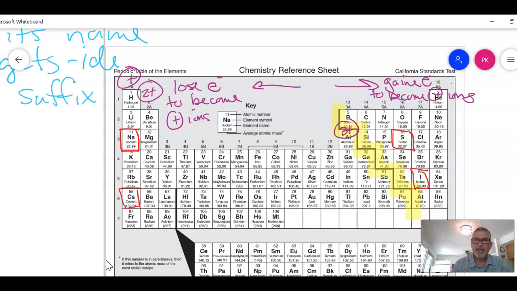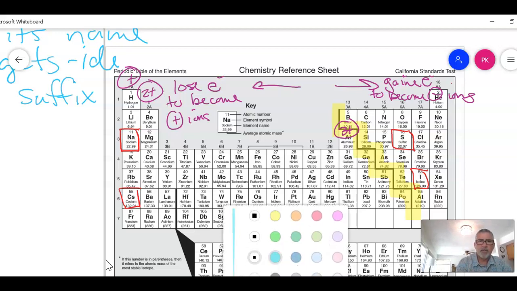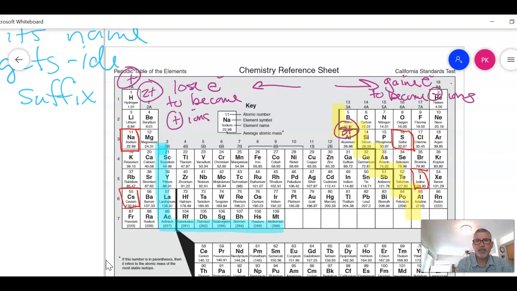And then everything else in the middle, these are all transition metals, and they all have multiple charges. We'll talk about those later.